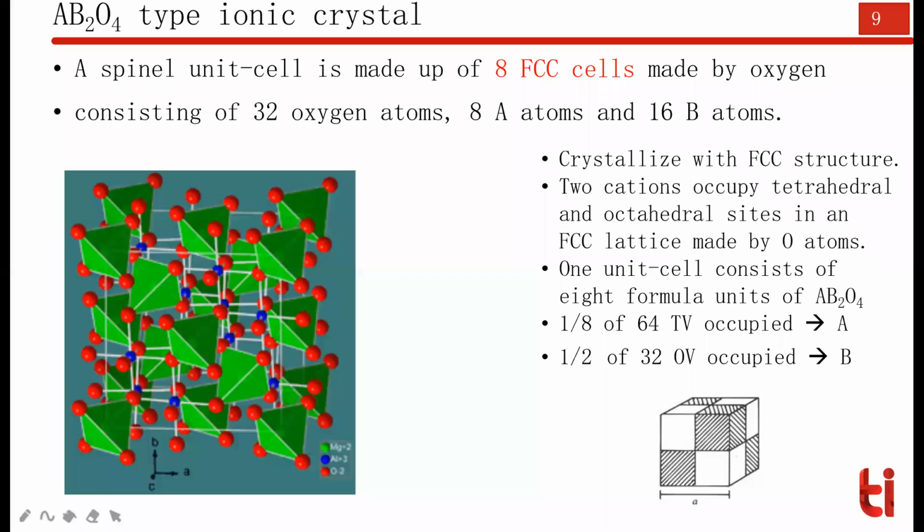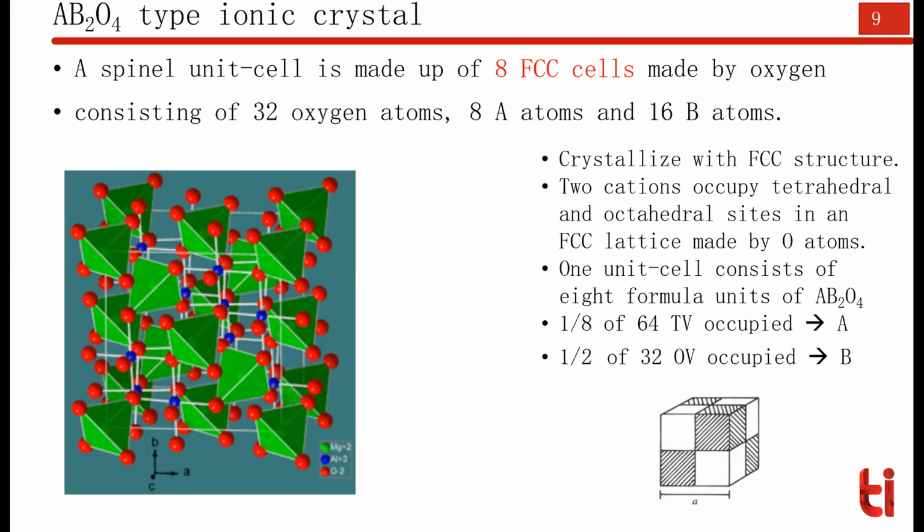Okay, next in the line of discussion is an AB2O4 type of ionic crystal structure. AB2O4 type of ionic crystal structure is popularly known as the spinel structure.